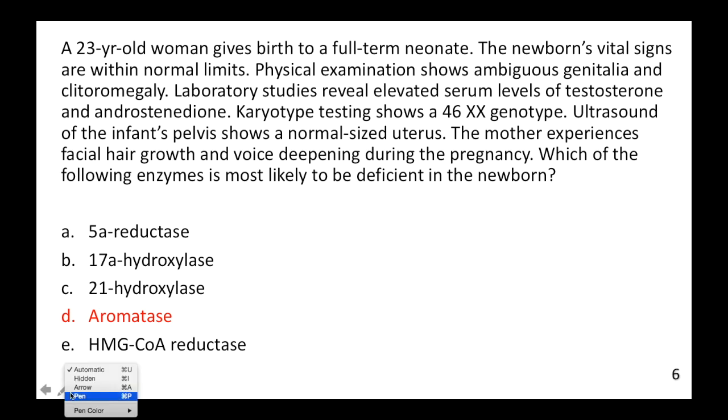Yeah, the mother experiencing facial hair growth and voice deepening, so maternal virilization, can occur with aromatase deficiency in the infant, but not with 21-hydroxylase. That won't affect mom, that would just affect baby.